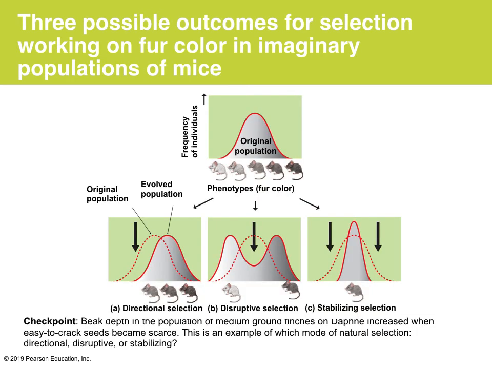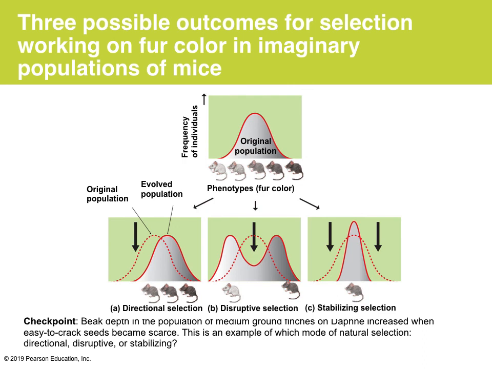Right, so up at the top you have the original population. Frequency of individuals is the y-axis, the phenotypes are on the x-axis. So you see the fur color goes from light to dark. And anything where you have a gradation like that, you tend to see this sort of bell curve, right? So very light, very dark, and then most in the middle here. Now looking at the outcomes at the bottom.